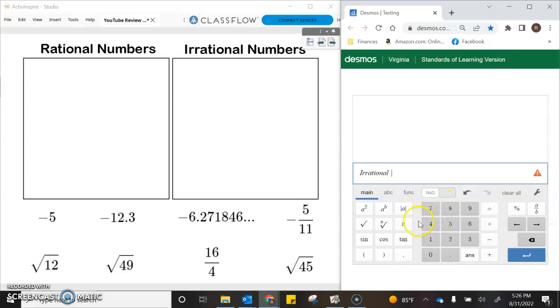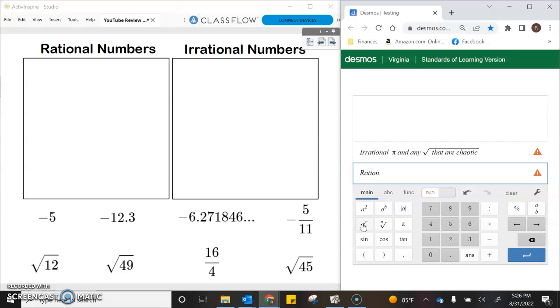Irrational is anything that looks like pi, and any square roots that are chaotic. That means they go on forever and ever and ever, and they just do not stop, no patterns, nothing like that.